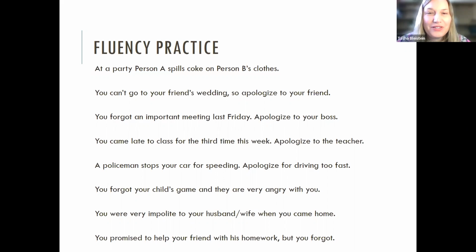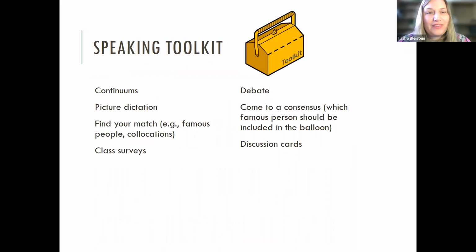And then, you can't go to a friend's wedding, so apologize to your friend. You could create all of these little scenarios, and then they have to practice apologizing. And I wouldn't just stop at teaching how to apologize, but how to accept an apology too, or what to do when someone apologizes to you. So this would be the fluency practice with apologizing.